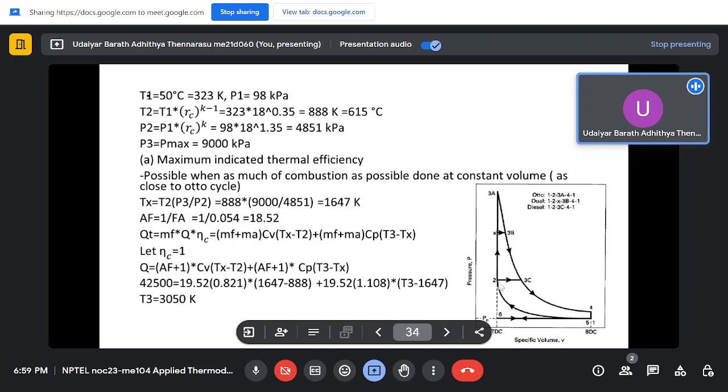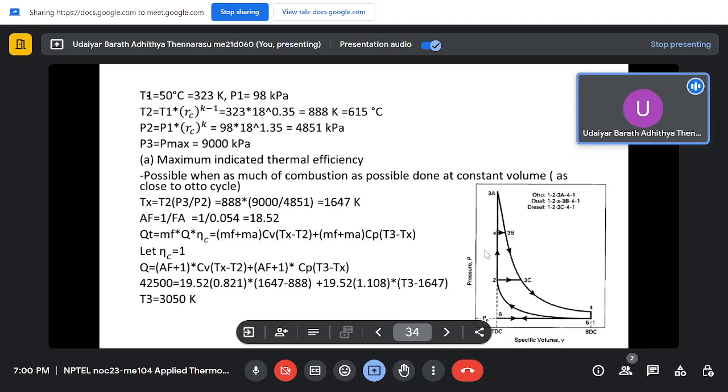From 1 to 2 we have reached state 2 for both cycles, and 2 will be less than the peak value, assuming x is the peak pressure which is possible.